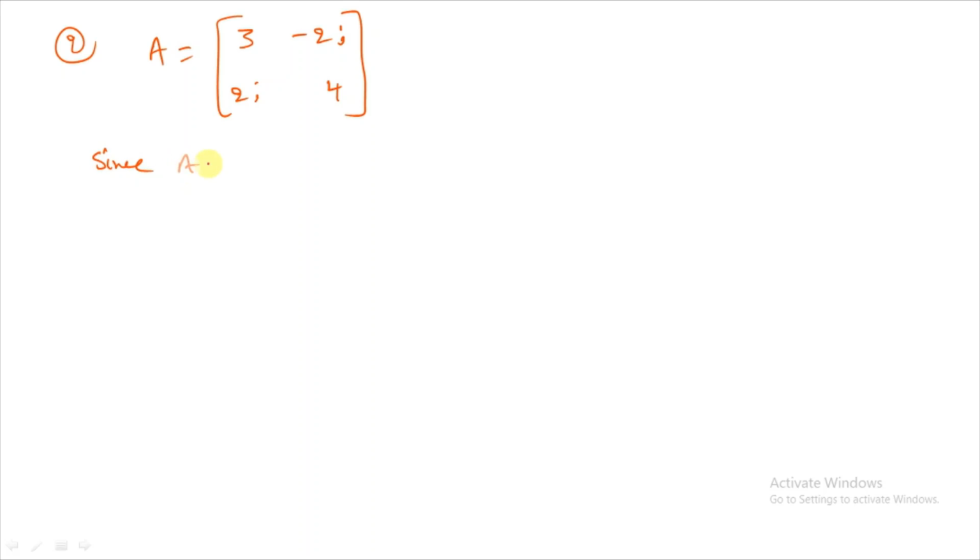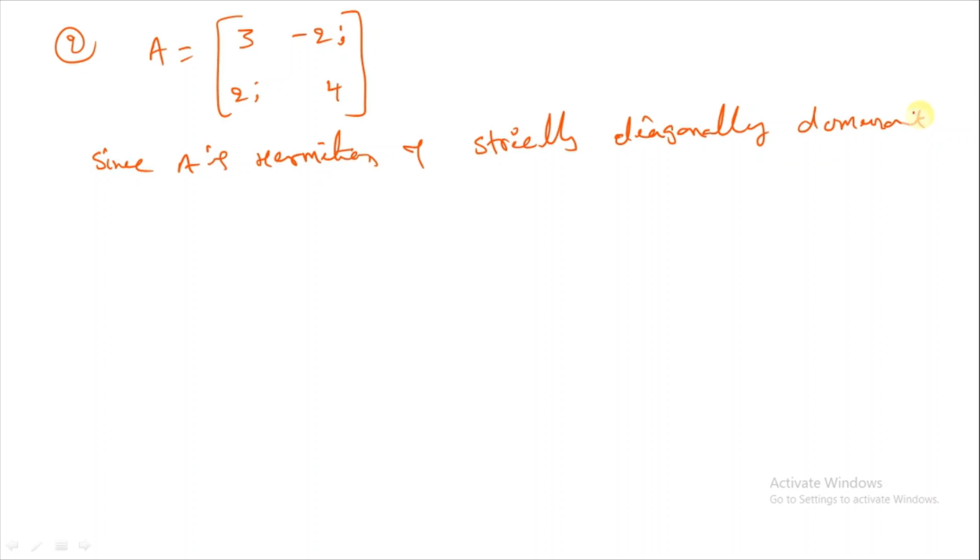Since A is Hermitian, check diagonal dominance: the diagonal element must be greater than or equal to the sum of the moduli of the remaining elements in the row. The modulus of minus 2i is 2, and the diagonal element 3 is more than 2.